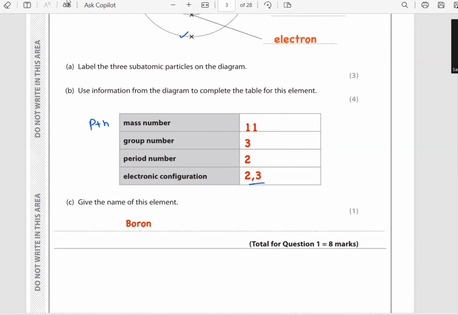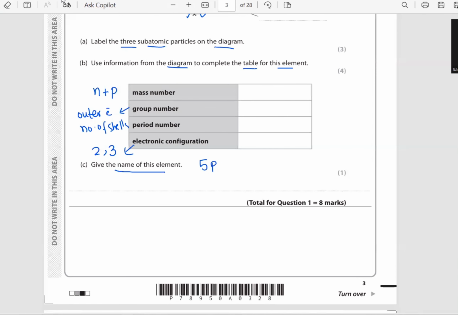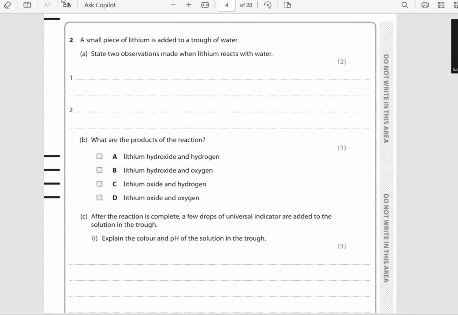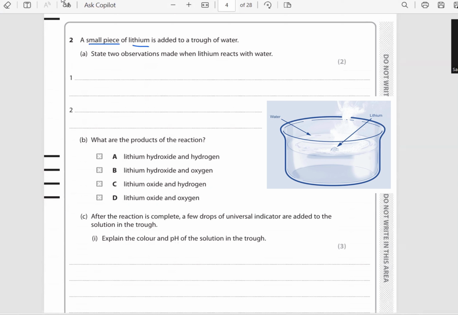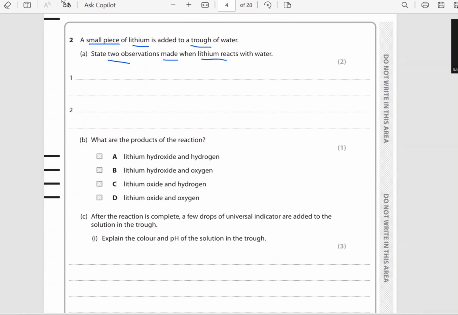Question number 1 is done. Let's see question number 2. A small piece of lithium is added to a trough of water. State 2 observations made when lithium reacts with water. Lithium is a group 1 metal, and all the metals from group 1 are very reactive.